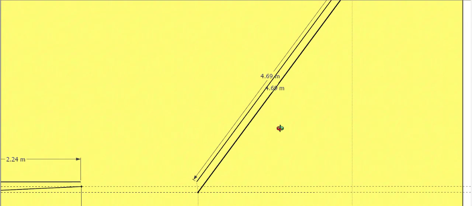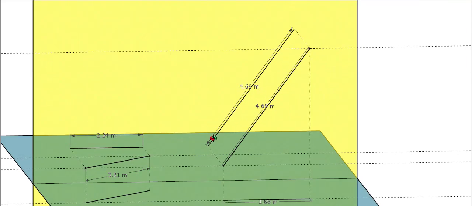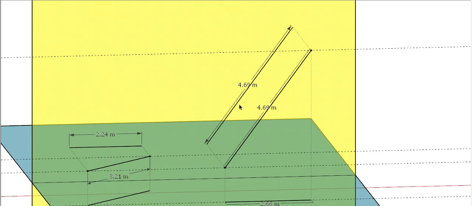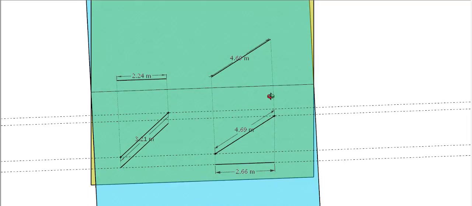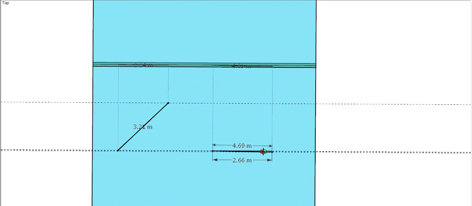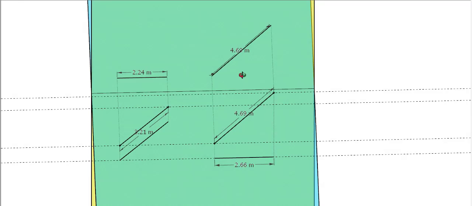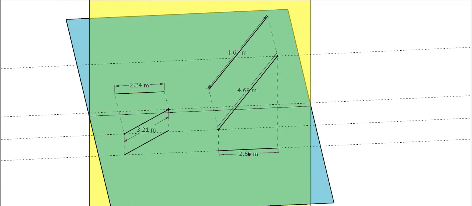The projection on the vertical plane is actually the true length, whereas if you are viewing from the top, you are getting a reduced length. In this case it is 2.66 meter. So in the top view you are getting the reduced length, and in the front view you are getting the true length. The inclination causes such a reduction in the projection lengths. So you have to keep that in mind when you are dealing with such questions.